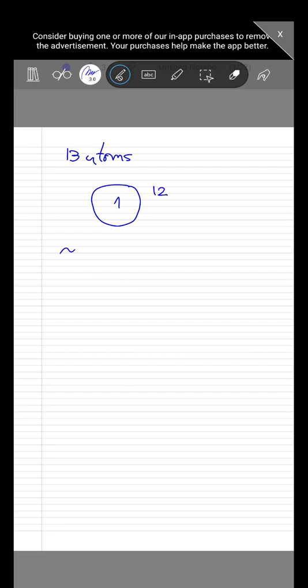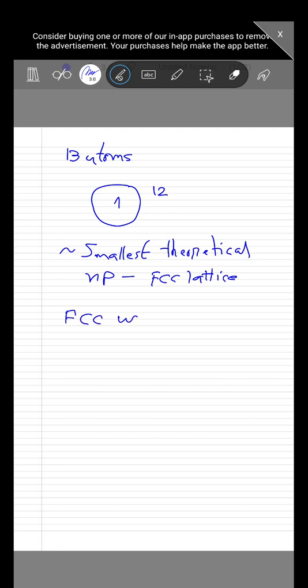So this will form the smallest theoretical nanoparticle for an FCC lattice. And it is also called the FCC unit cell. So they form a shape something like this.